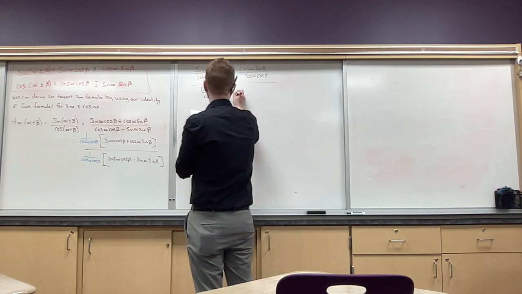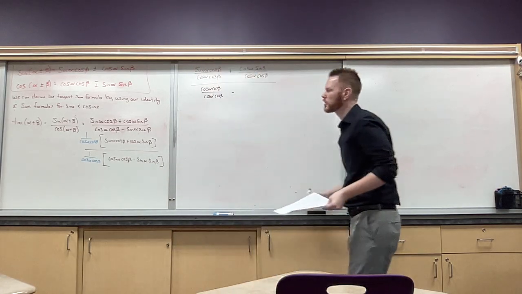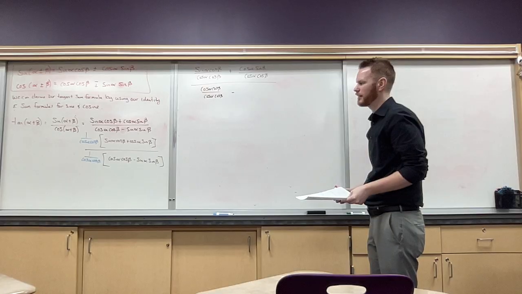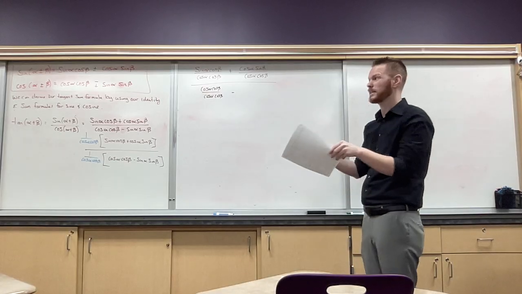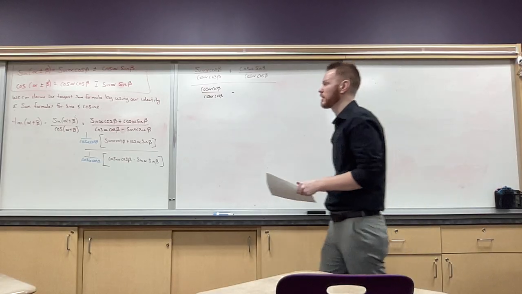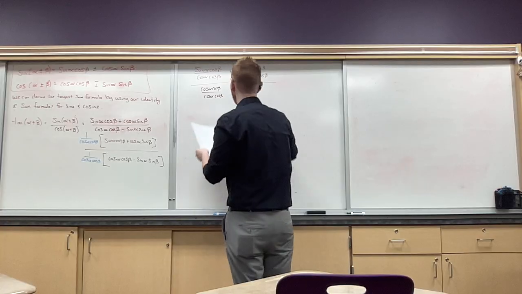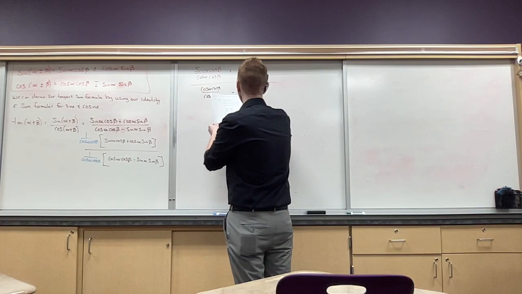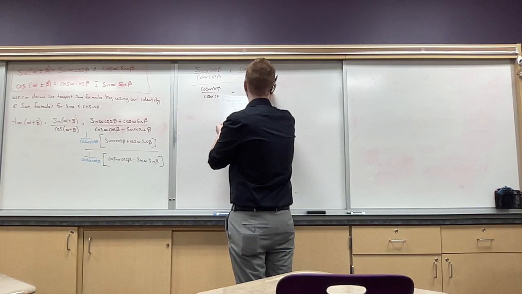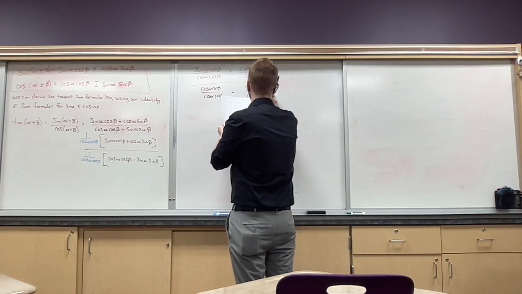You know, when you're doing proofs with trig, it's always going to look more complicated until you start whittling things down, like using identities, using some algebraic properties. Then it starts getting a little bit easier to work with. But in the beginning, it's a little daunting.